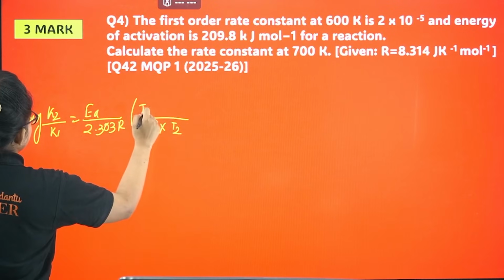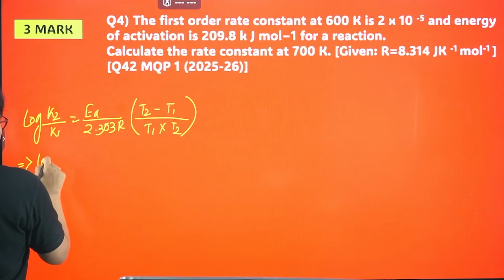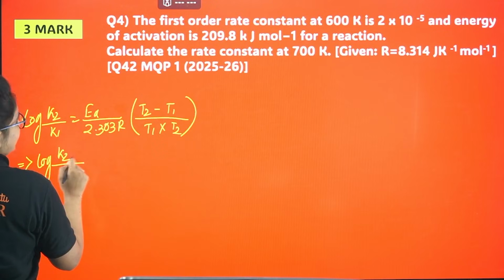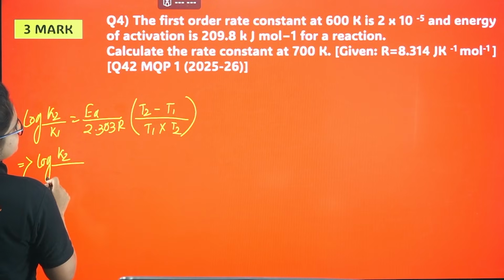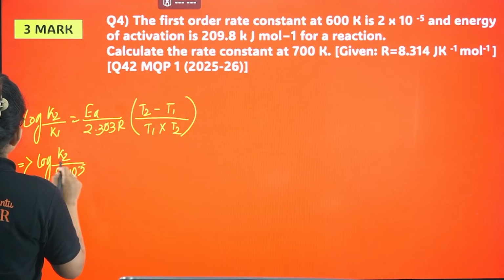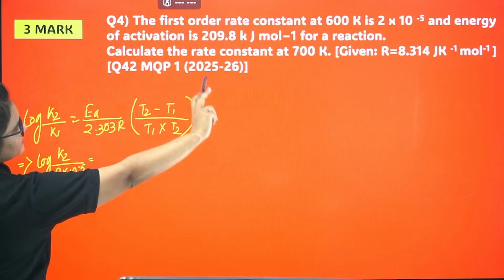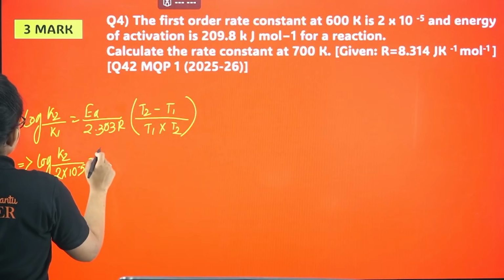K2 you have to find out, K1 we can put from the question itself, that is 2 into 10 power minus 5, right? Equals Ea value, you can see it's given in kilojoule per mole. We will convert it to joule.